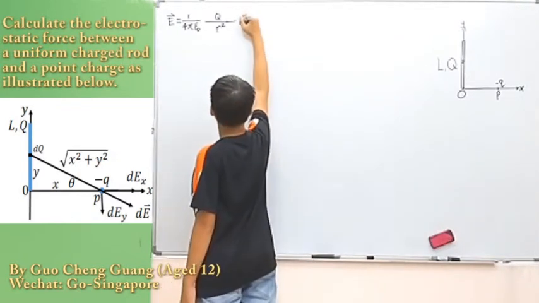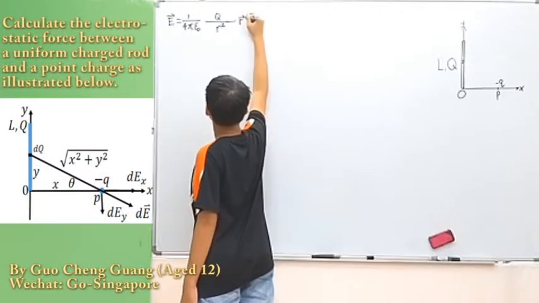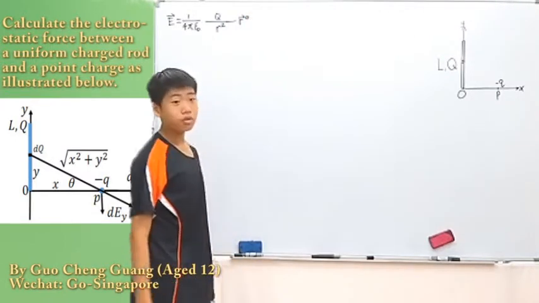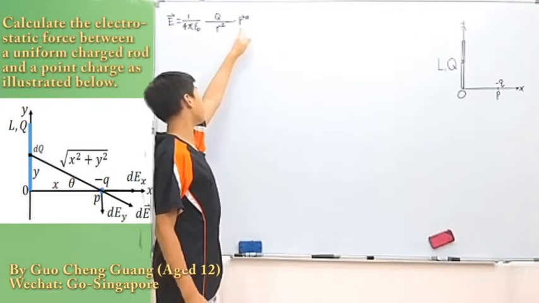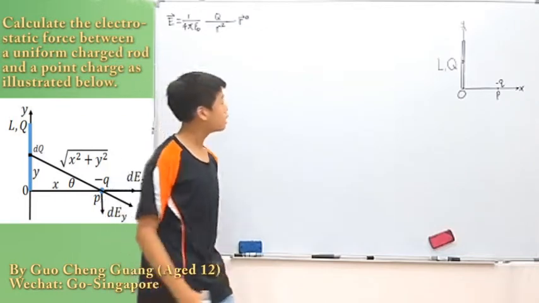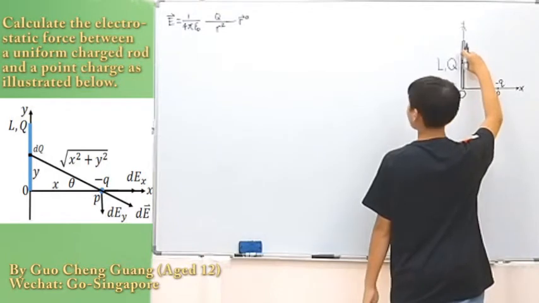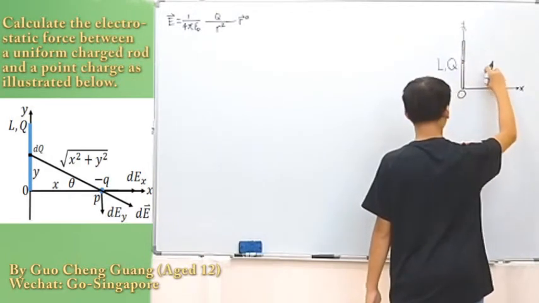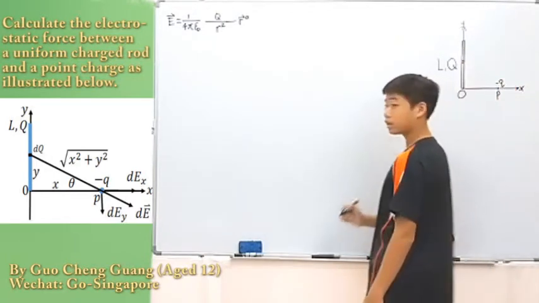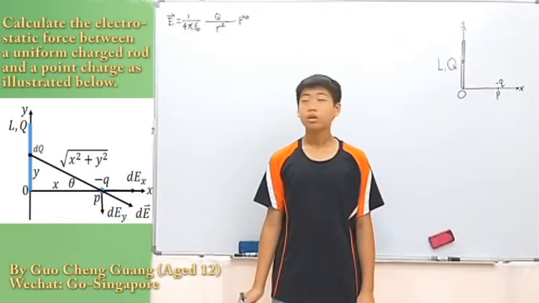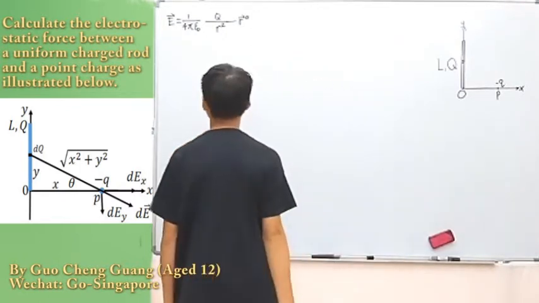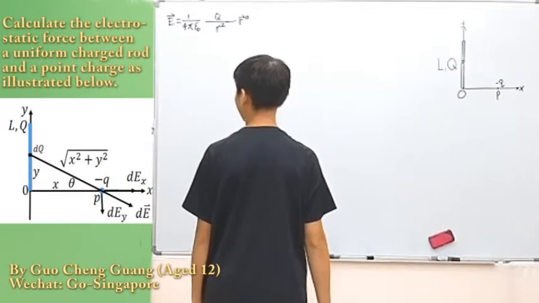Then after that, we're just going to use our unit vector to show the direction. For this R unit vector, it starts from the source charge that you have taken, and this unit vector points towards this point P that you have here. So for this part, it will be for our electron.